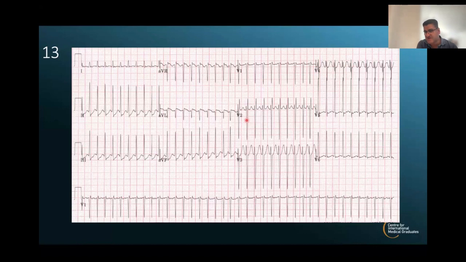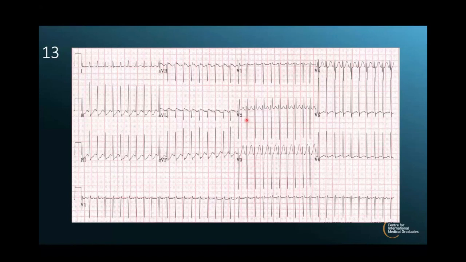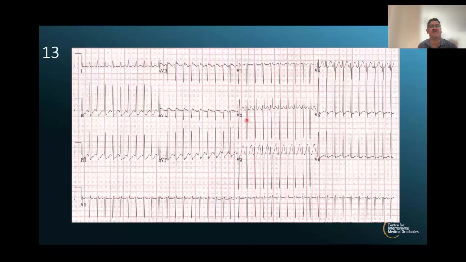How are you going to manage this patient, the original person that described this, please? We can do Valsalva maneuver. Very good. And if that didn't work?